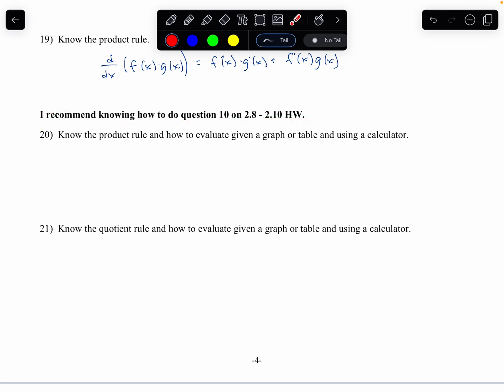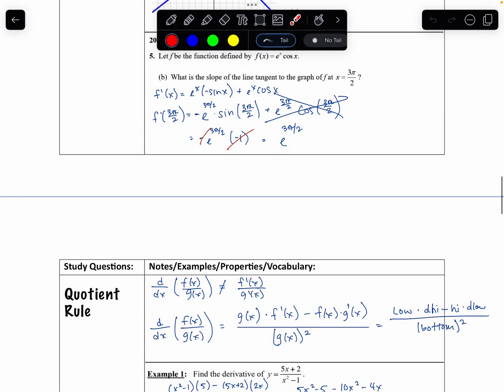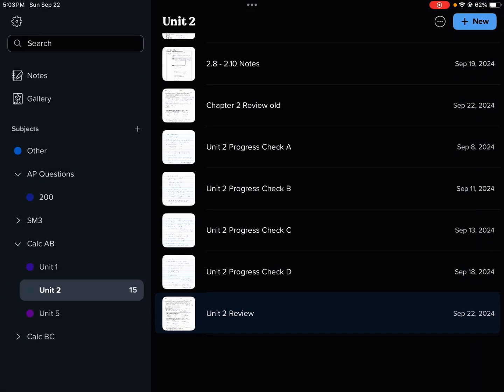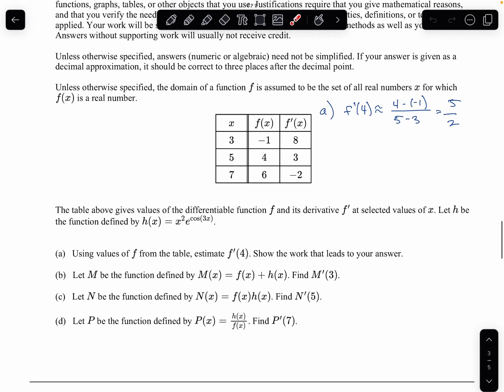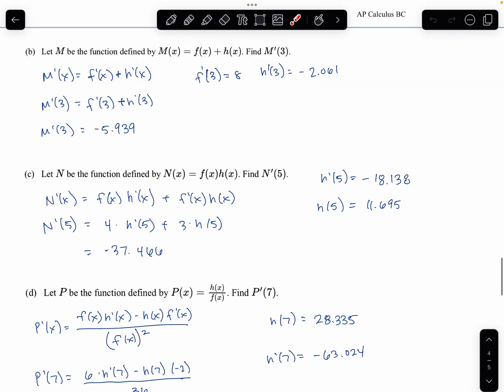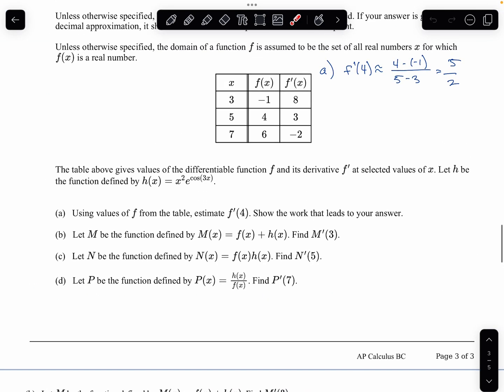Okay, and then for this one right here, I just recommend that you know how to do question 10 on 10.8 through 10 right here. Know how to do this problem right here. And if you don't know how to do this problem, I recommend looking at the video that I have for it.